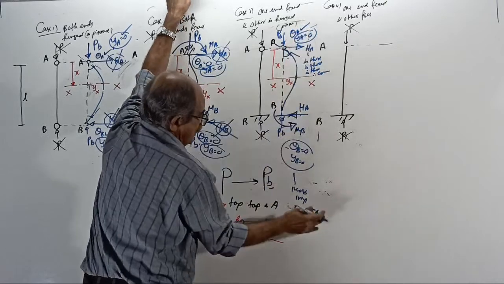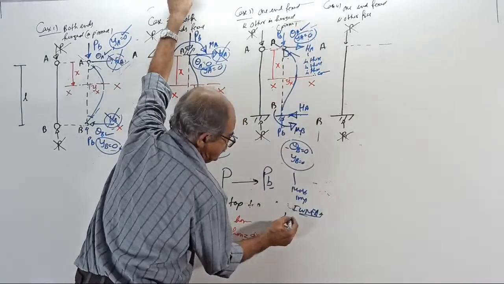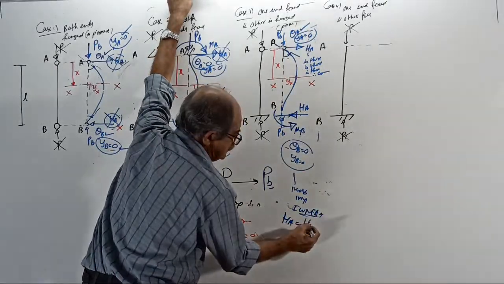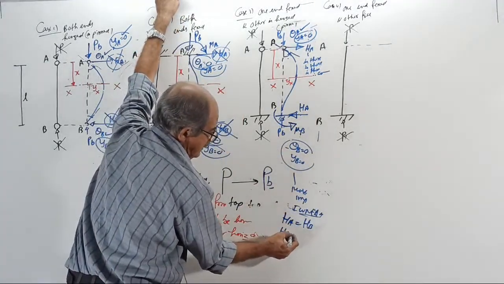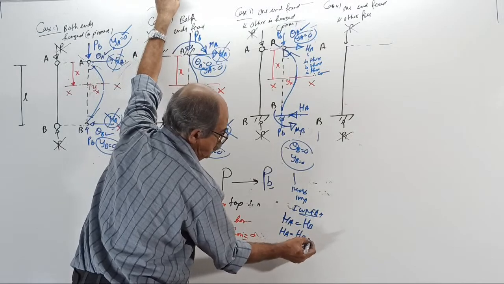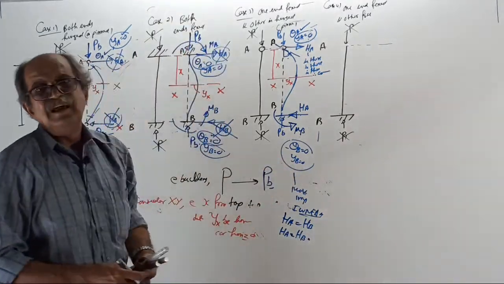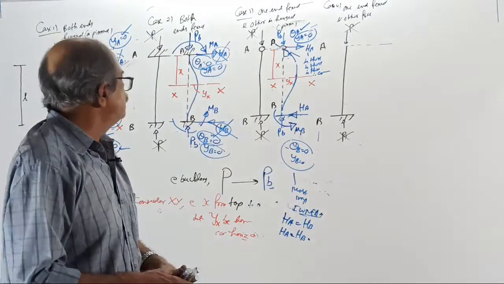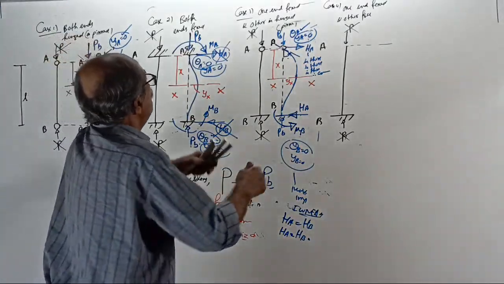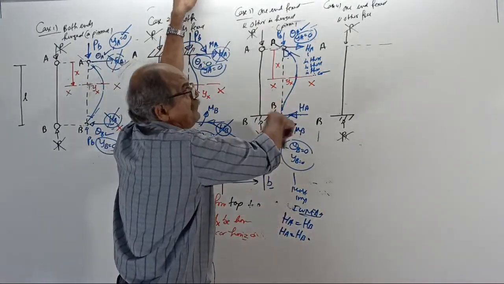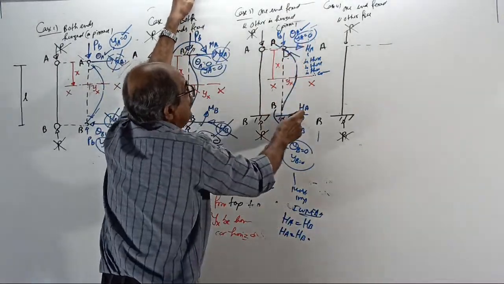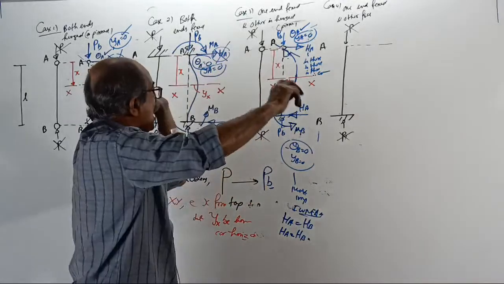Very important, your HA will be equal to HB. And also you can tell HA equal to HB equal to, anybody can tell what is the answer? You can tell the answer. This is most important. See now. PB balances. Leave it now. There's a couple MB. This HA and HB will give what? Opposite couple.